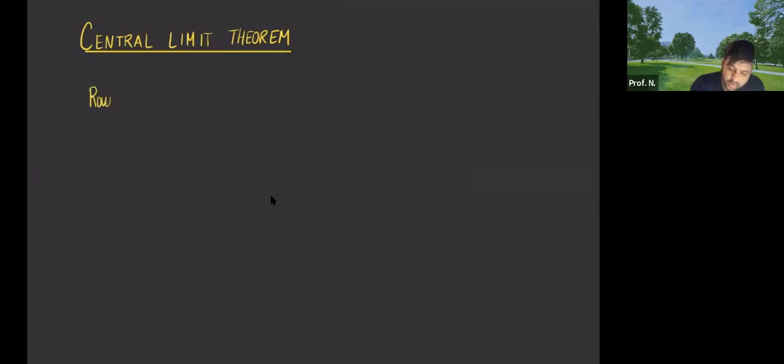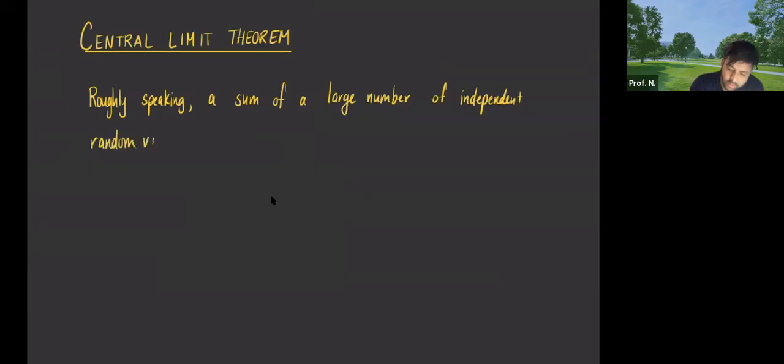Roughly speaking, a sum of a large number of independent random variables has a distribution that is approximately normal. What does large mean? It means that you're approaching infinity.